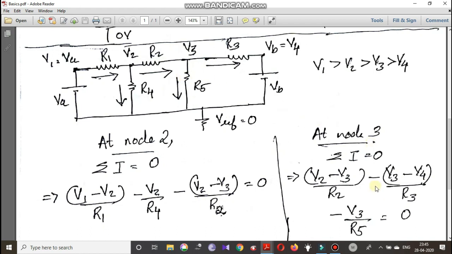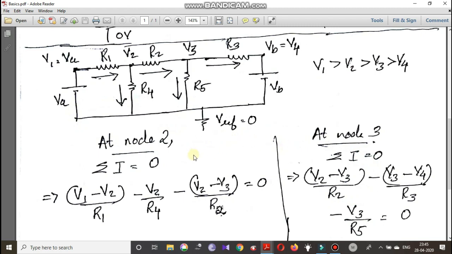So minus (V3 minus V4)/R3 minus (V3 minus 0)/R5, that is V3/R5, equal to 0. So this is how we can write node equations in nodal analysis.